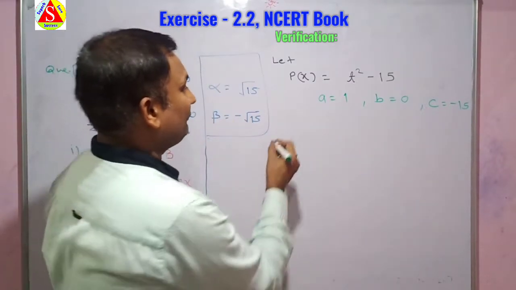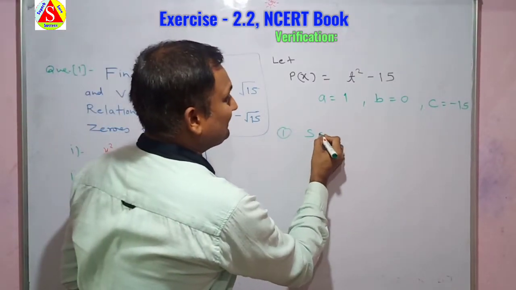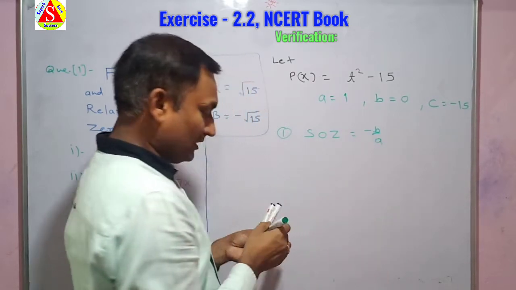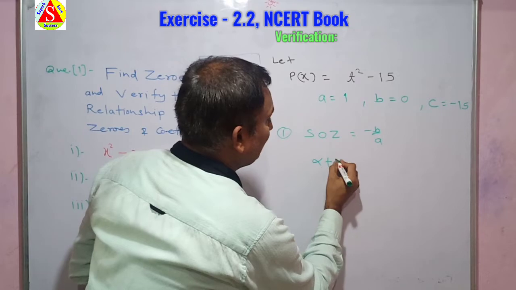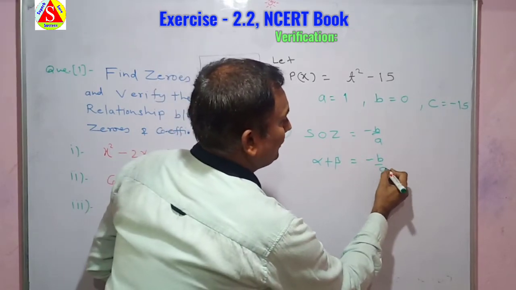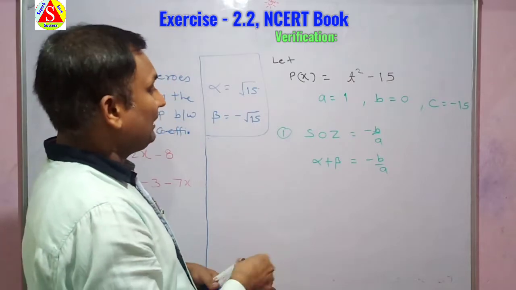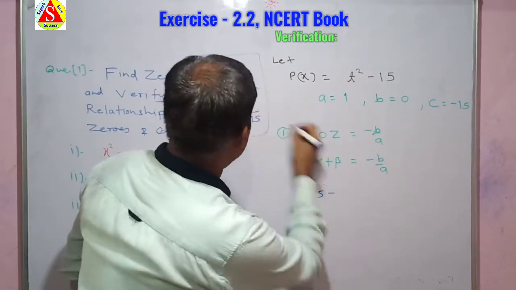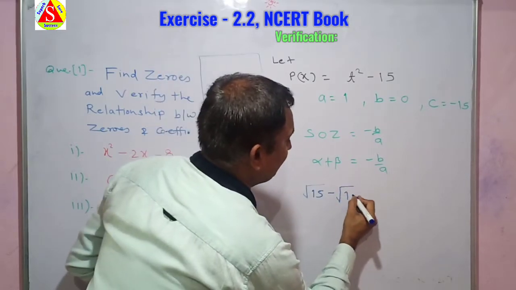Now let's verify the first one, that is the sum of zeros, and we know it is equal to minus b by a. After putting the values, let's see what we get. Here alpha is equal to plus root 15, and beta is equal to minus root 15.